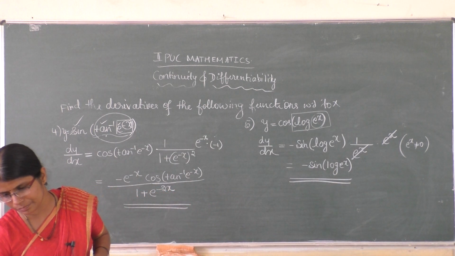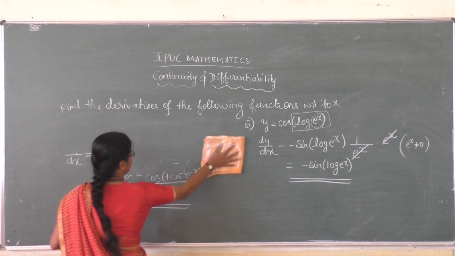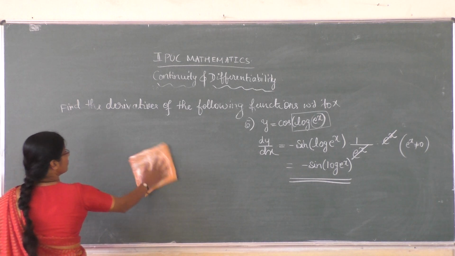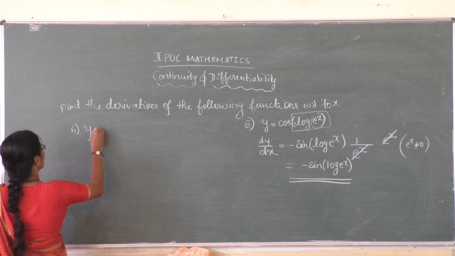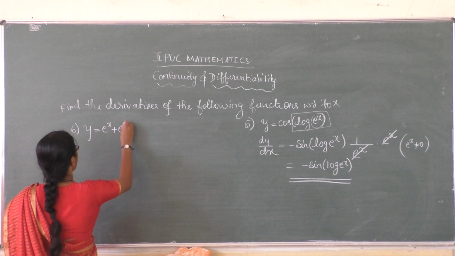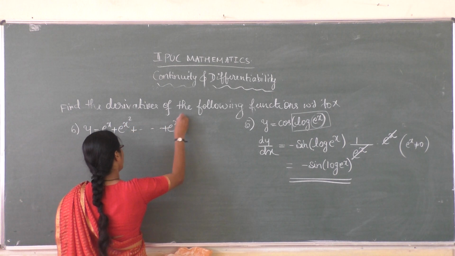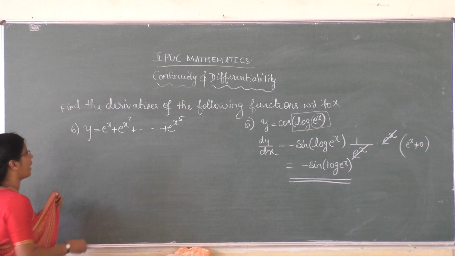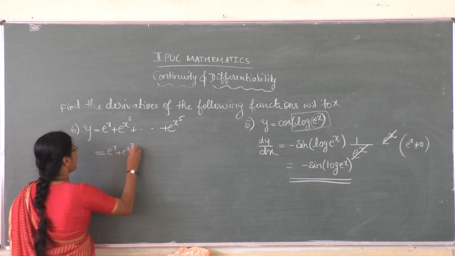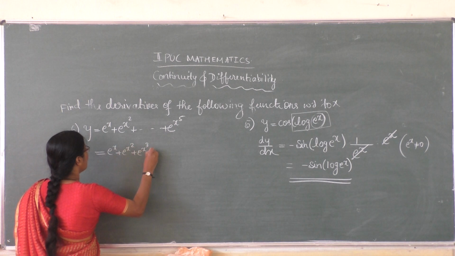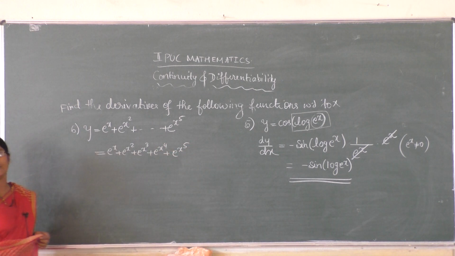Next one, y equal to e to the power x plus e to the power x square plus e to the power x cube, e to the power x to the power 4 plus e to the power x to the power 5.